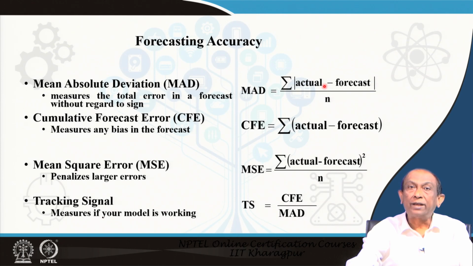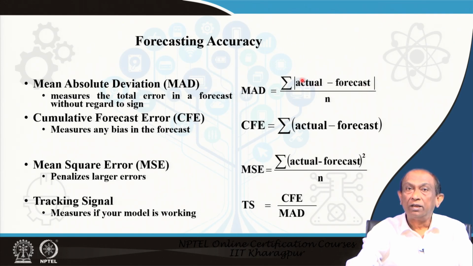So, MAD stands for mean absolute deviation. We are taking the absolute deviation between the actual demand and the forecast demand, and then trying to take the average value of this absolute demand over n periods.